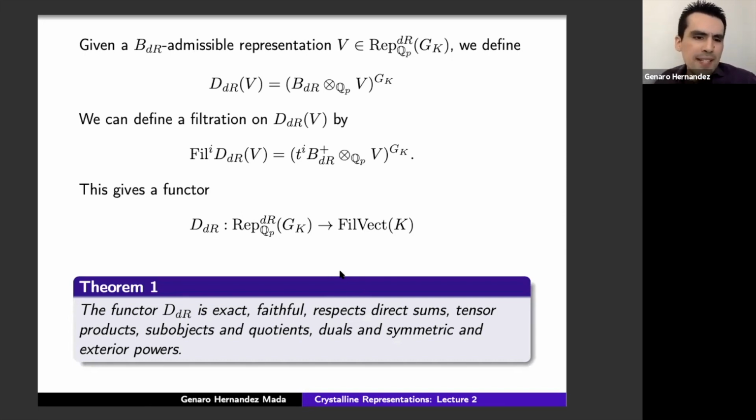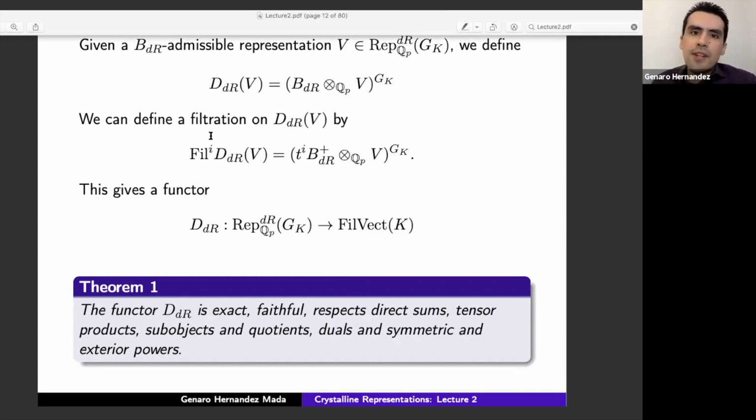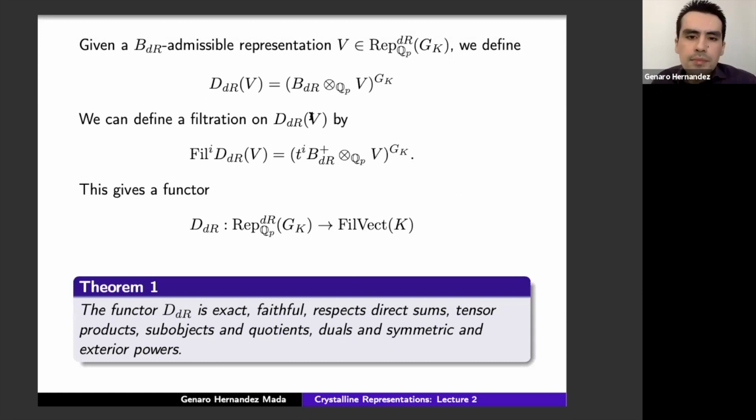So basically what I'm saying is that this functor behaves very well. I'm not going to prove this theorem, it would take a lot of time. I'm just stating that this functor behaves well in this sense.